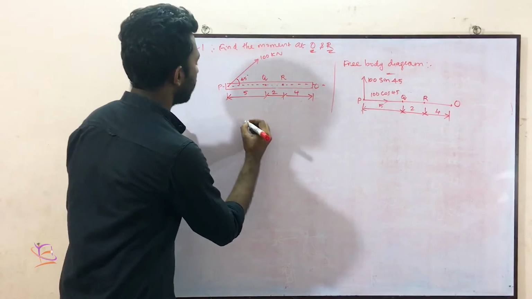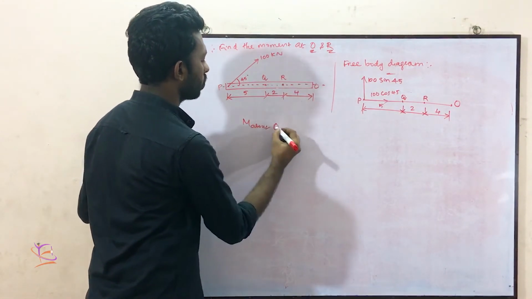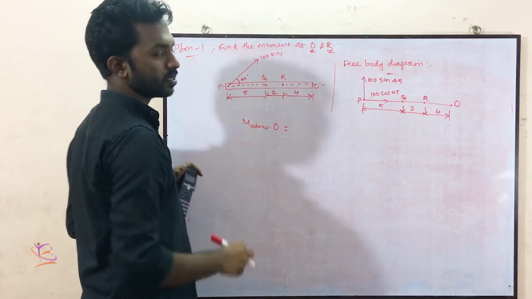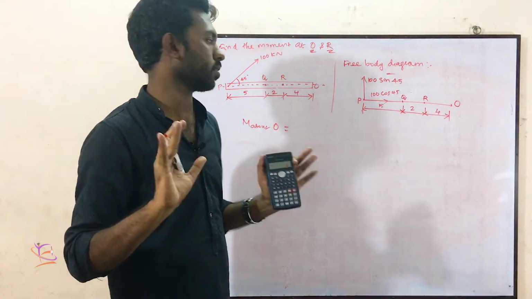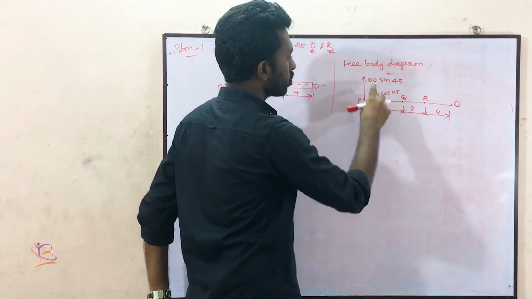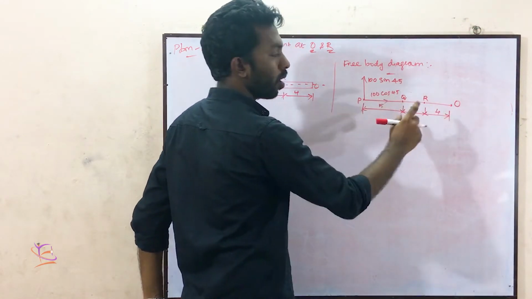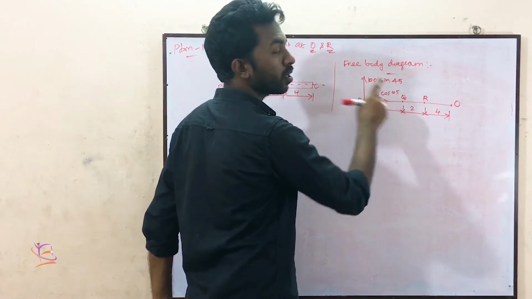Now our duty is to calculate the moment about the point O, and next the moment about the point R. First of all, we know that moment is equal to force into perpendicular distance. Considering the point O, the forces acting are 100 sin 45 and 100 cos 45.